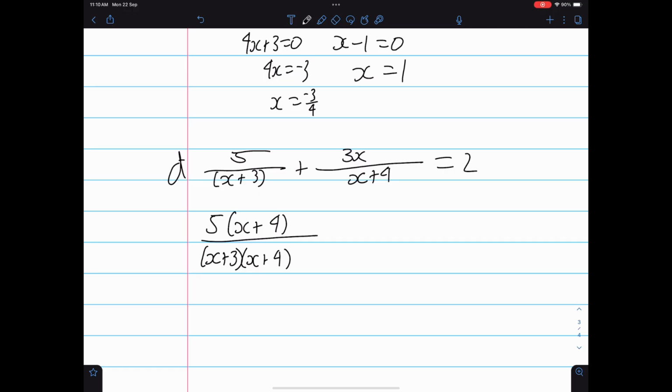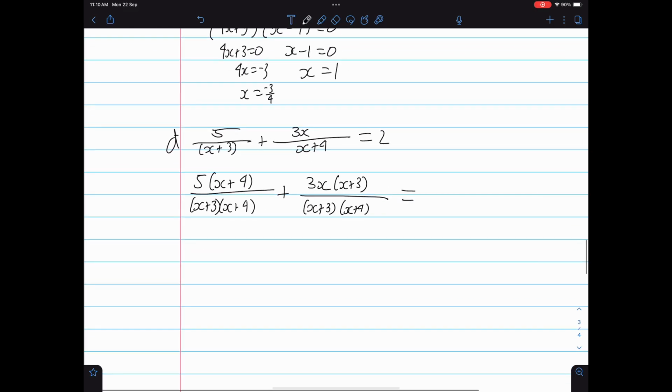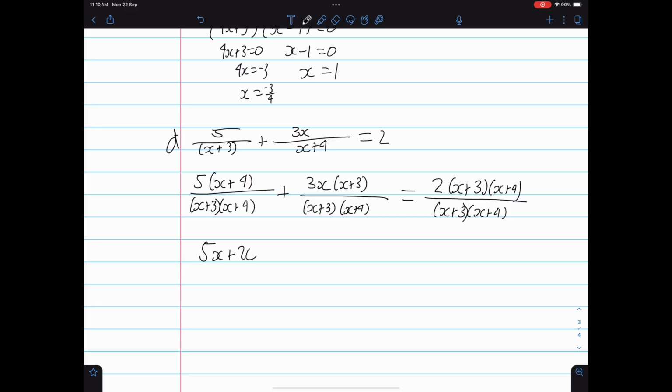No point expanding the denominator because we hope to just remove it later on. And good, we've got the same denominators now. We can just work on expanding the numerators.